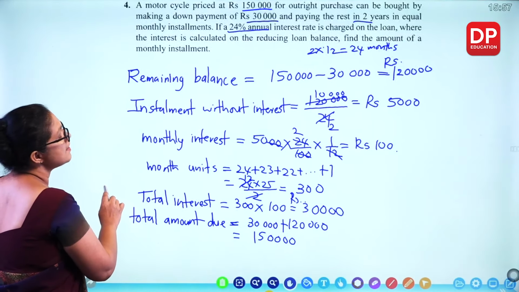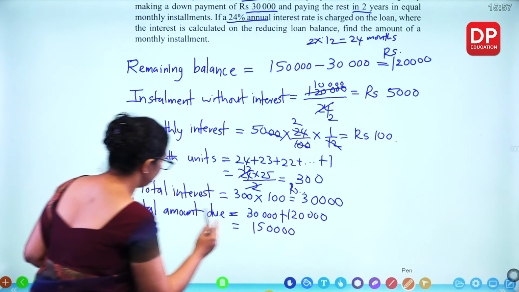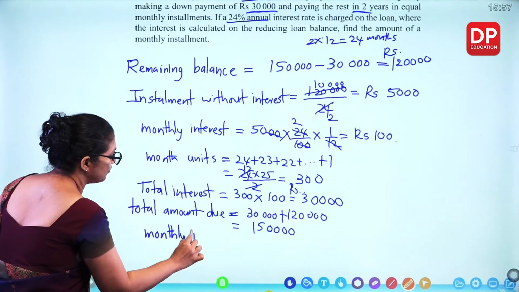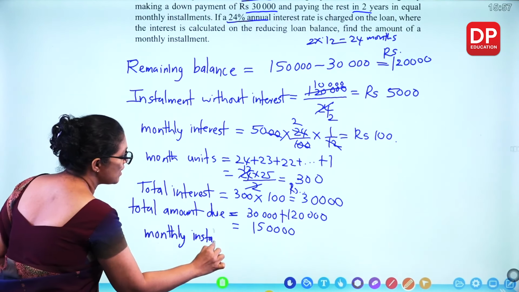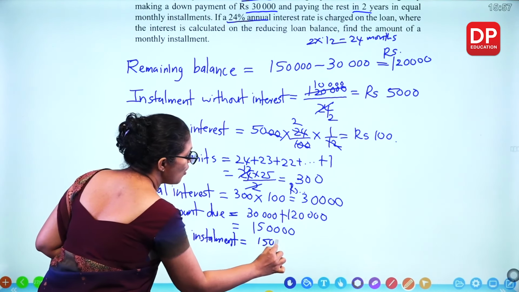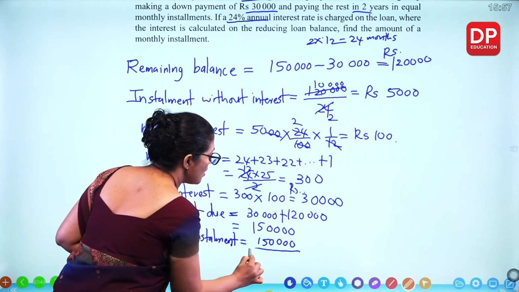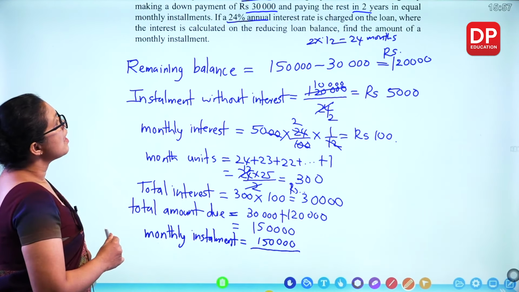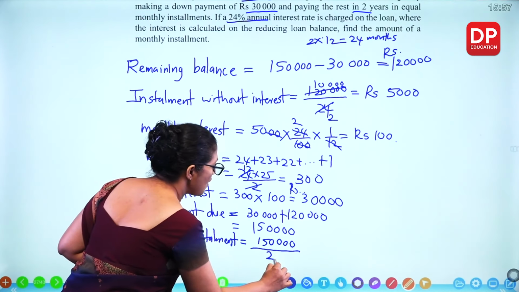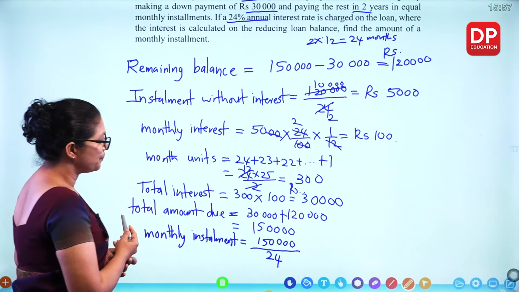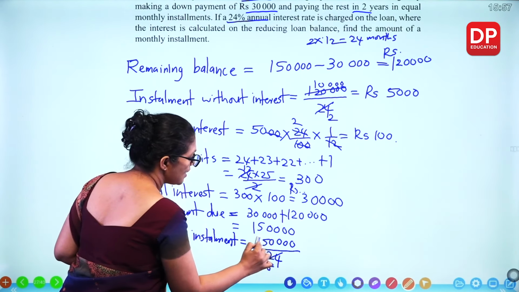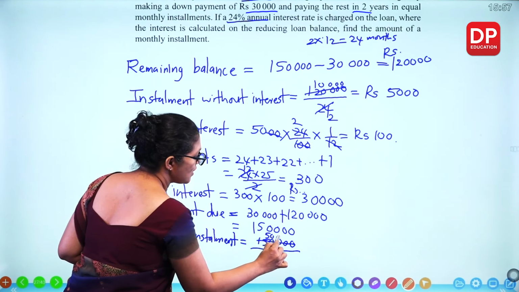So what's the monthly installment? This is the total amount due, divide by how many months? 24 months. Divide by 24. So divide by 3, 8, it's 50,000.